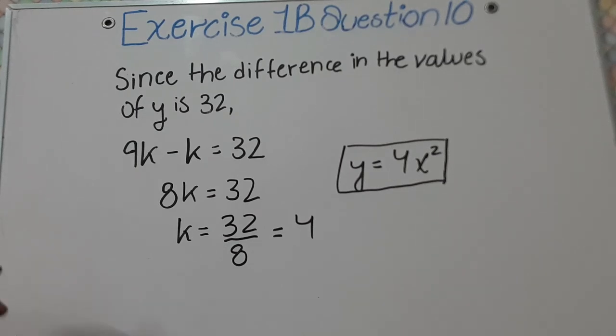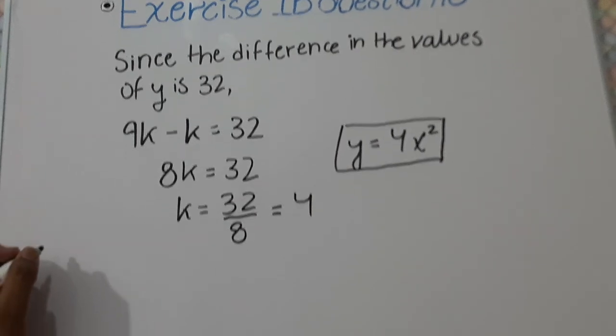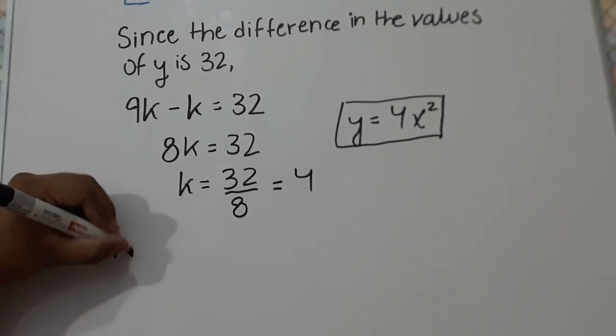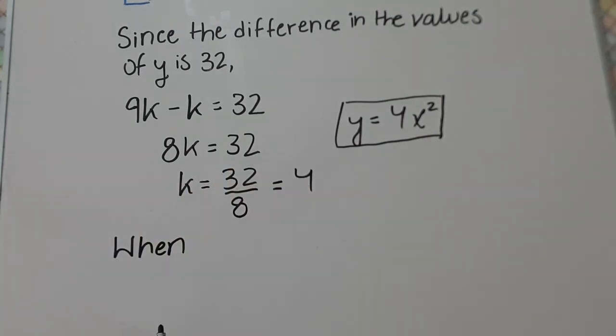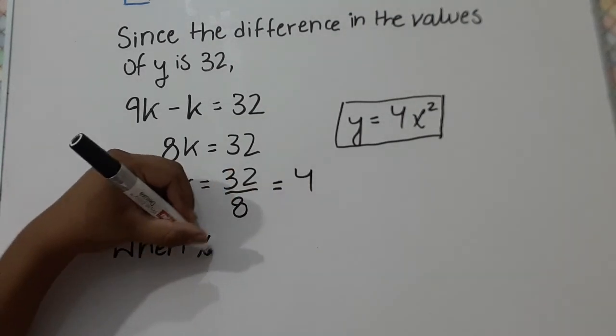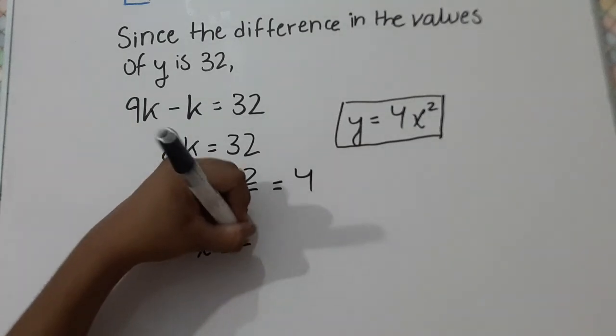Then they have asked to find the value of y when x is minus 2. It's pretty simple. Now they have asked the final thing after finding the formula, after three consecutive steps, that when x is minus 2.